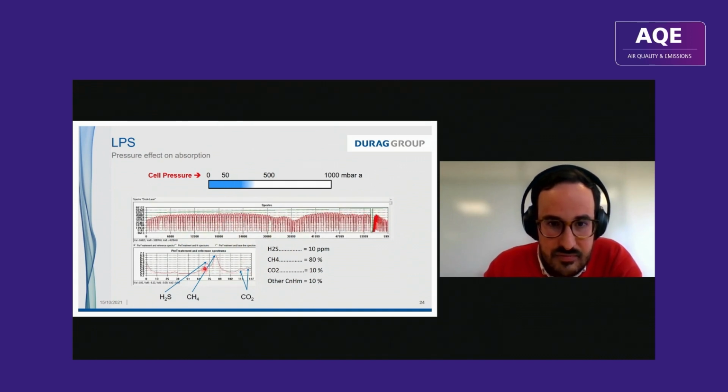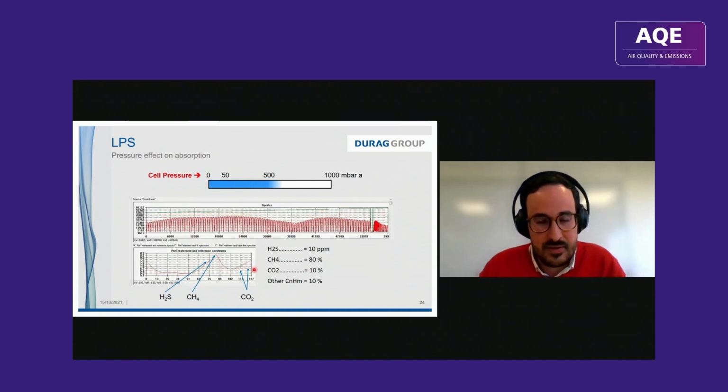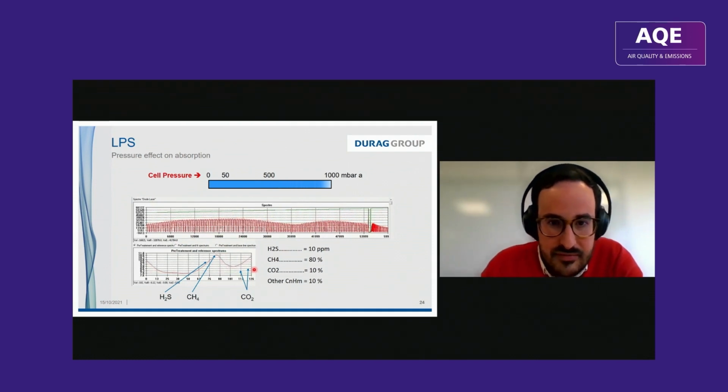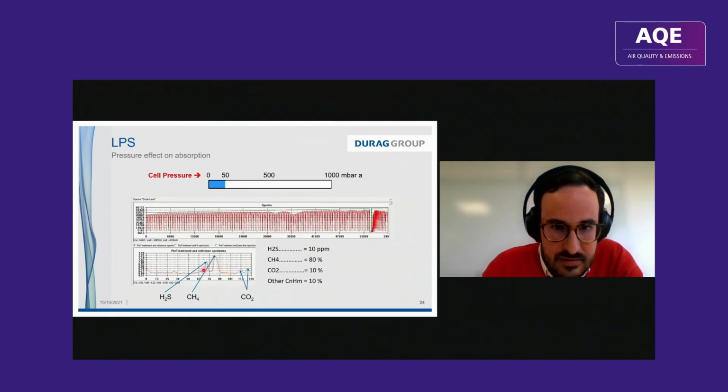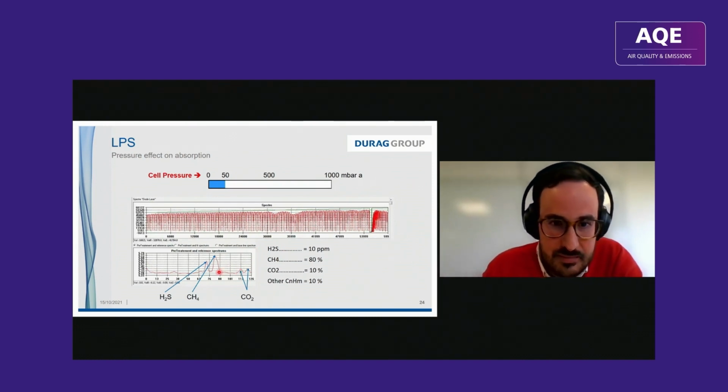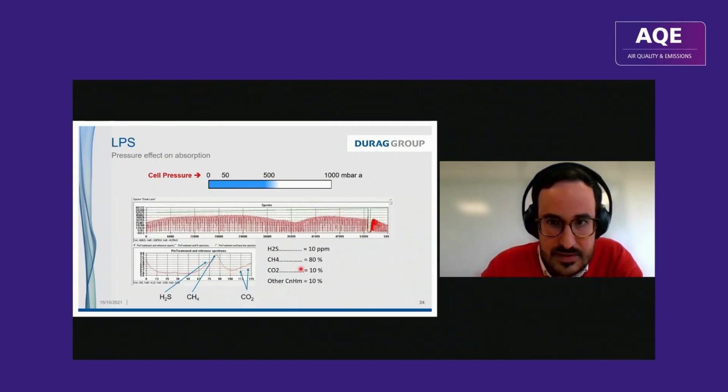And then if we remove the sonic nozzle and go back to atmospheric pressure, then we can see that we have cross interference with methane and CO2. If we go back to low pressure sampling, we will be able to see again our H2S peak and our two CO2 peaks here. I think it's a very good example to see the advantage of low pressure sampling in terms of cross interference with greenhouse gases.